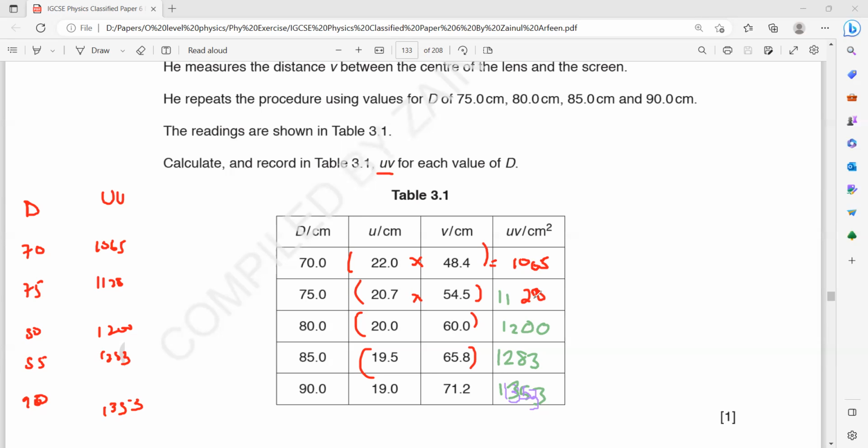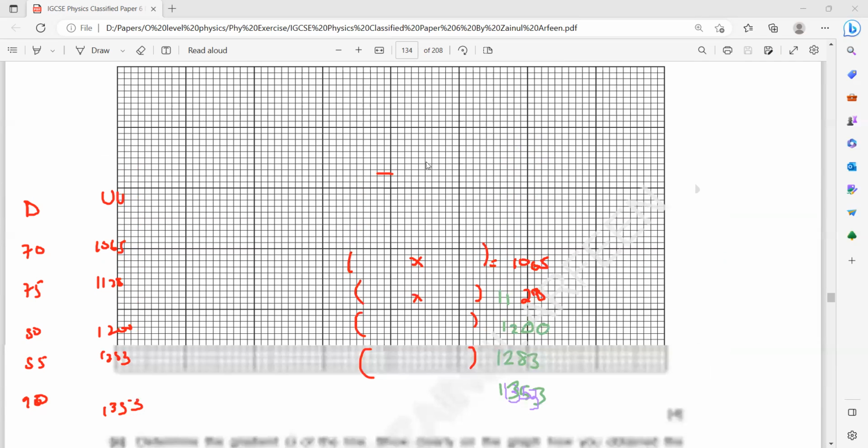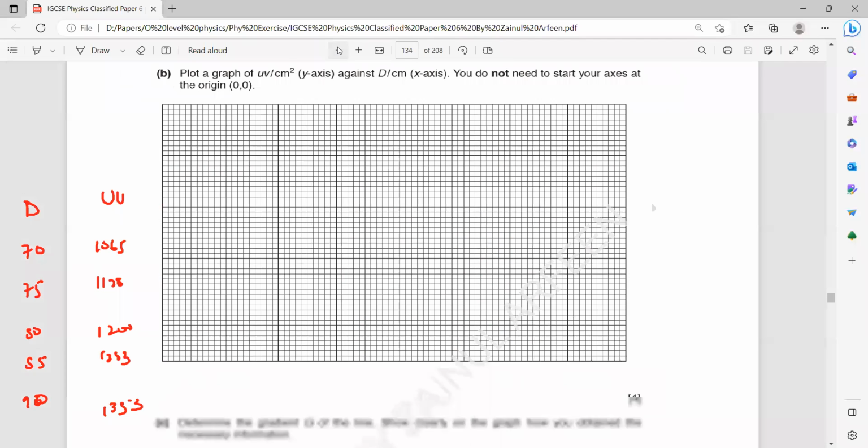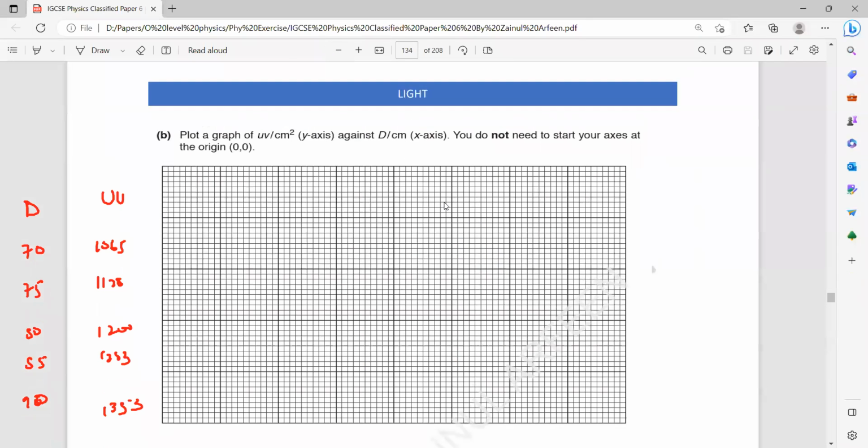Now we have to plot the results on the next page. As you can see, they mention we have to plot a graph of u multiplied by v. On the y-axis we should have u into v, and on the x-axis we will have D. You do not need to start from the origin, so we don't have to mark the origin.